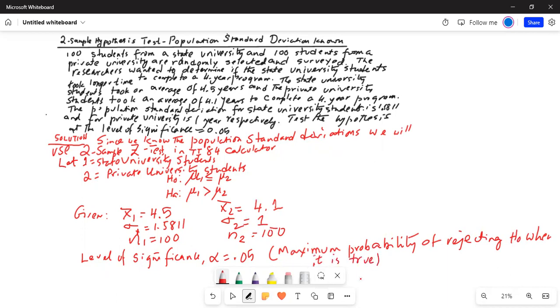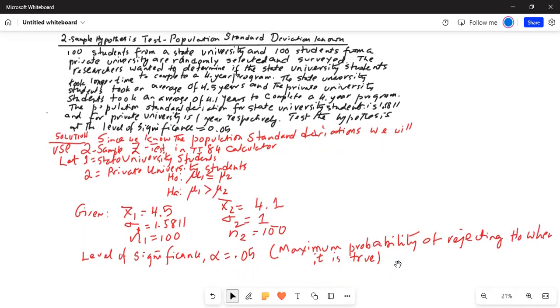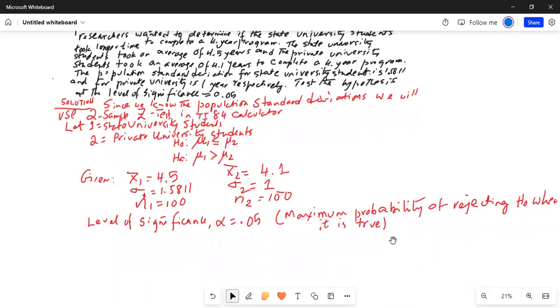Okay. So let's create some space for us. So we are going to use two sample z-test, not t-test, z-test, because we know the population standard deviations. Okay.